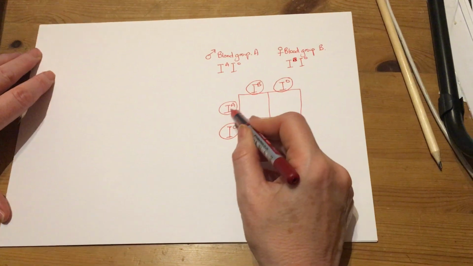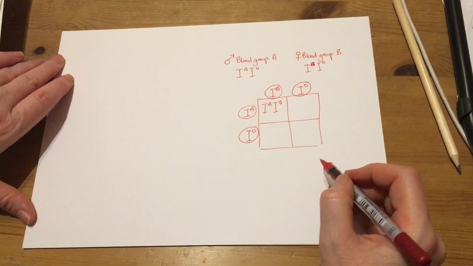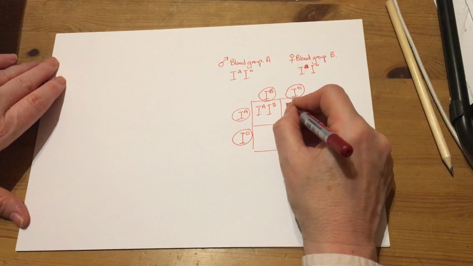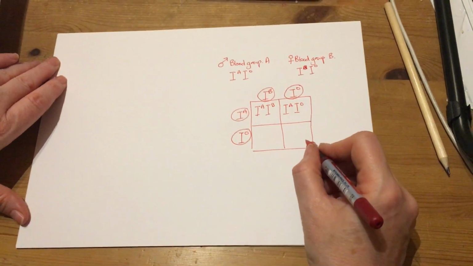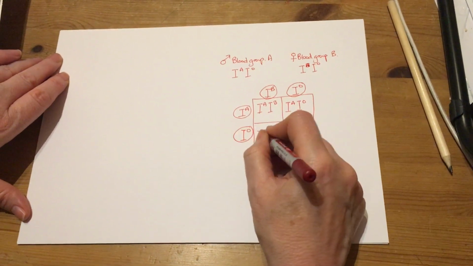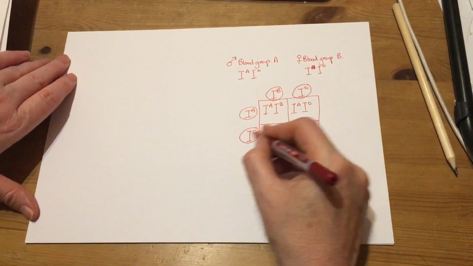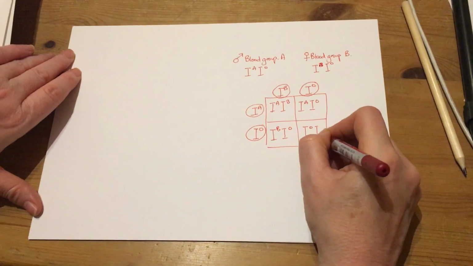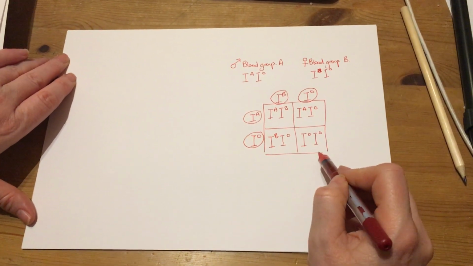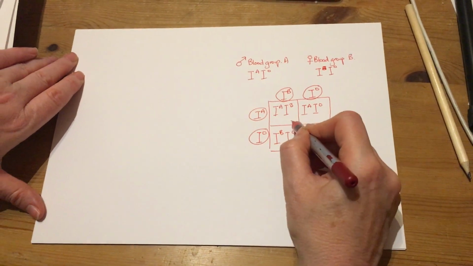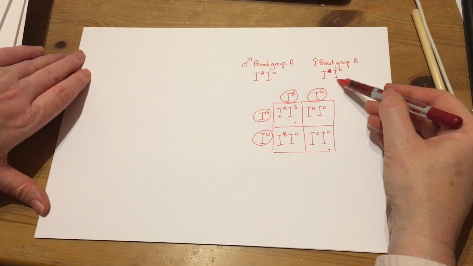Their first child's blood group is blood group AB. Their second child's blood group is blood group A. The third option for their child is blood group B, and the fourth option is blood group O. So 2 of the blood types that is possible for their children, this one and this one, are not the same as the parents.